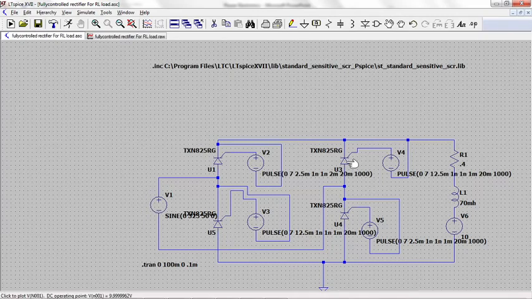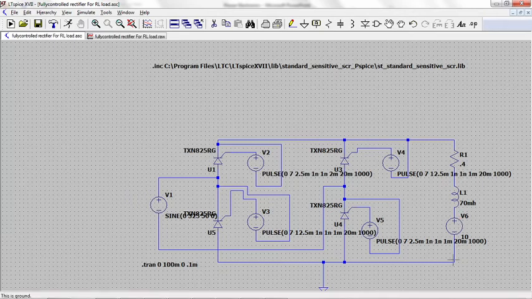We can see here the input is a negative half cycle, so this side is negative and this side is positive. The positive voltage, we already fired this, and the current is flowing in this way, like this, like this.